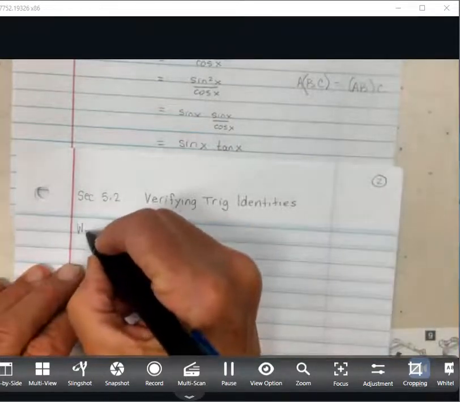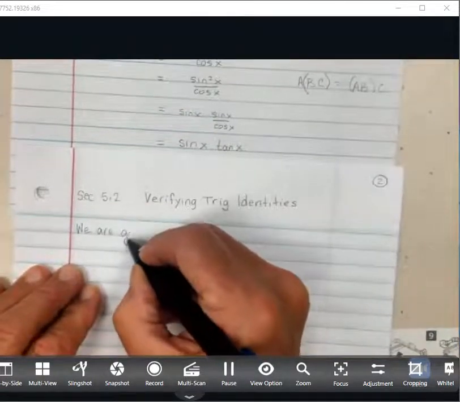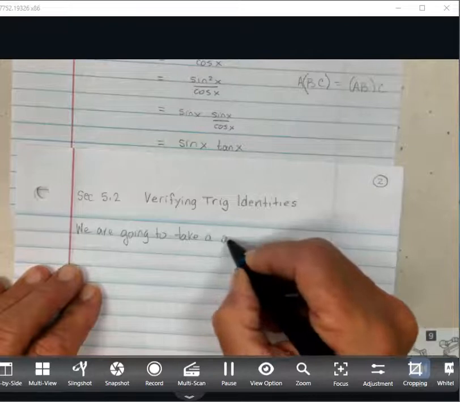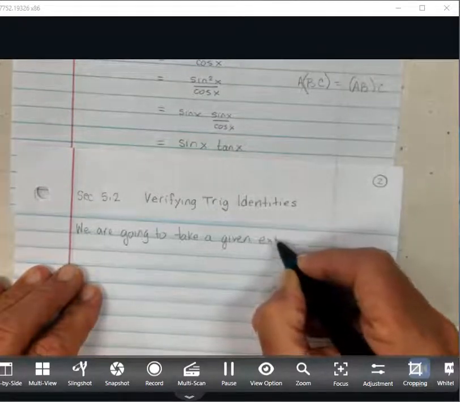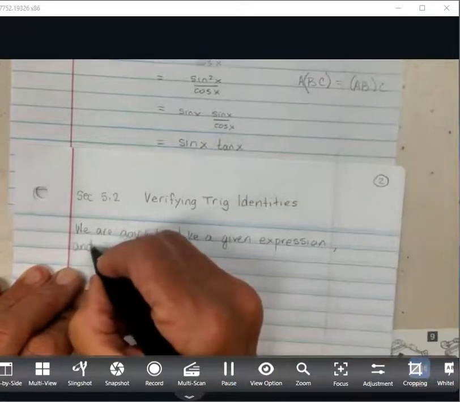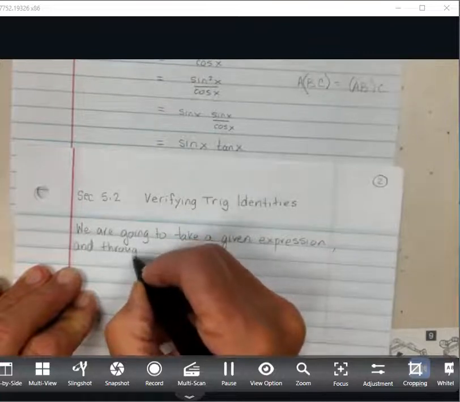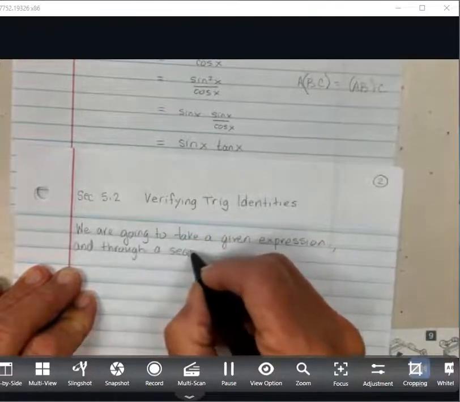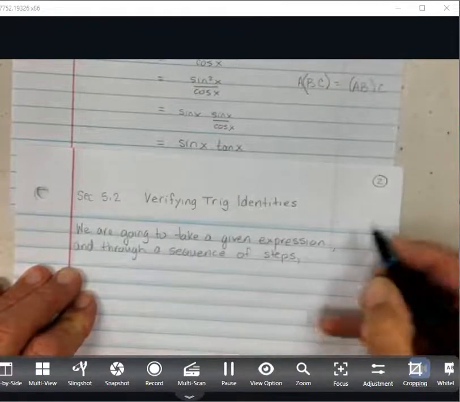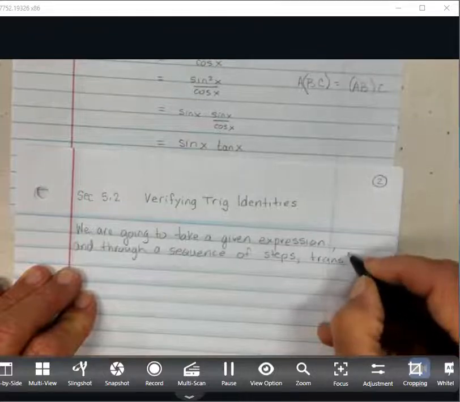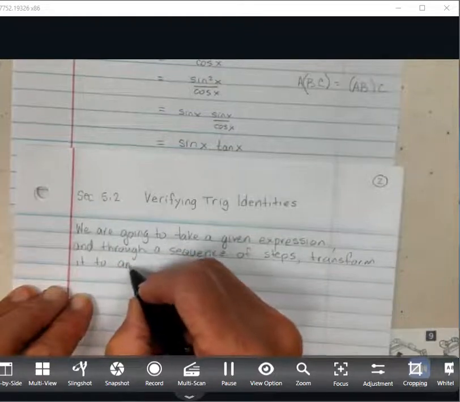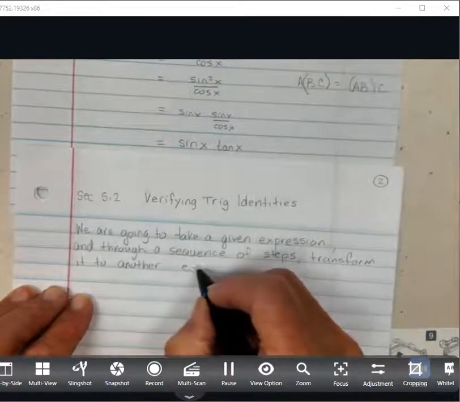So we're going to take a given expression and through a sequence of steps, transform it to another expression.